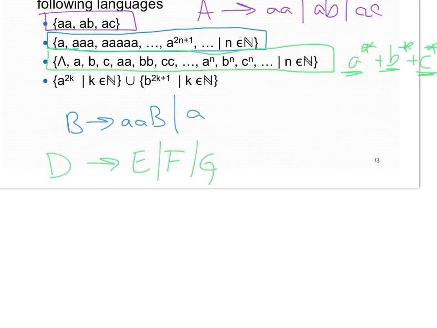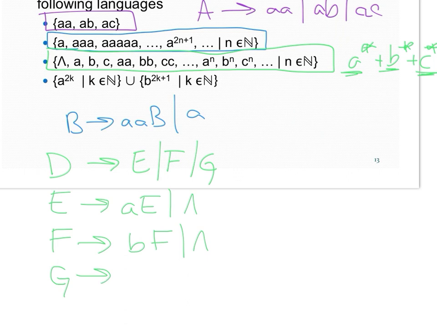And now it's not too bad. E is going to be my A, so E goes to AE or lambda, and F goes to BF or lambda, and G goes to CG or lambda.